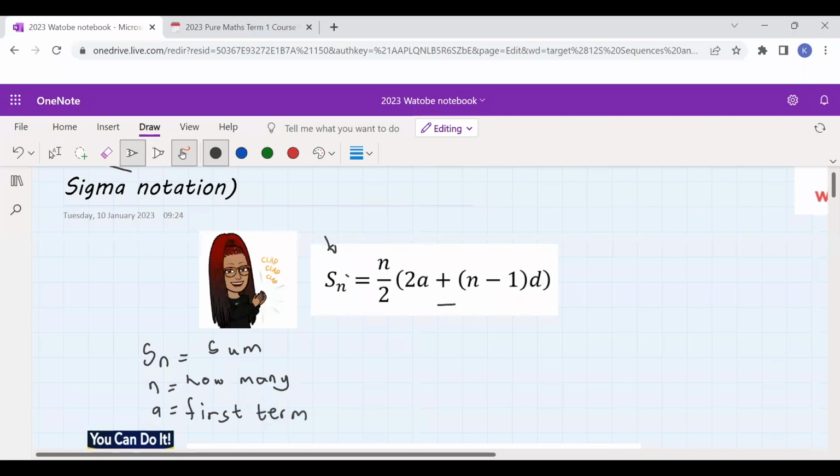And D would be our constant difference. Okay. So once you have all of these, you just substitute it into your formula and it spits out what the sum of those first few terms are.